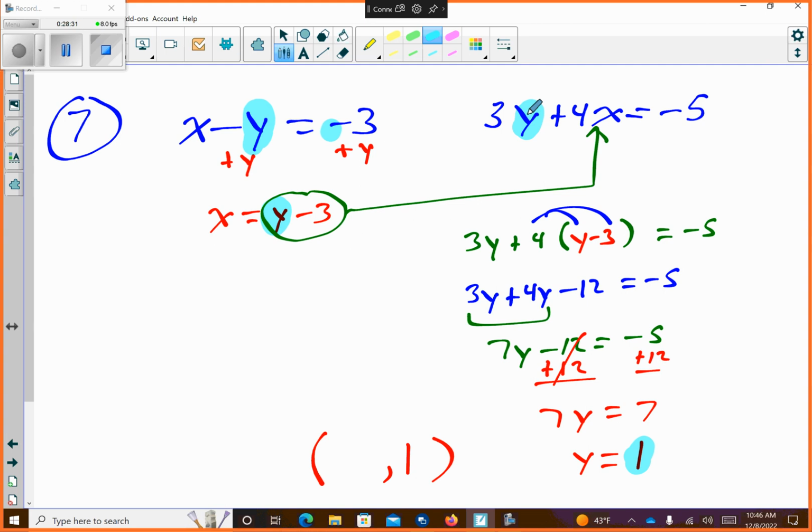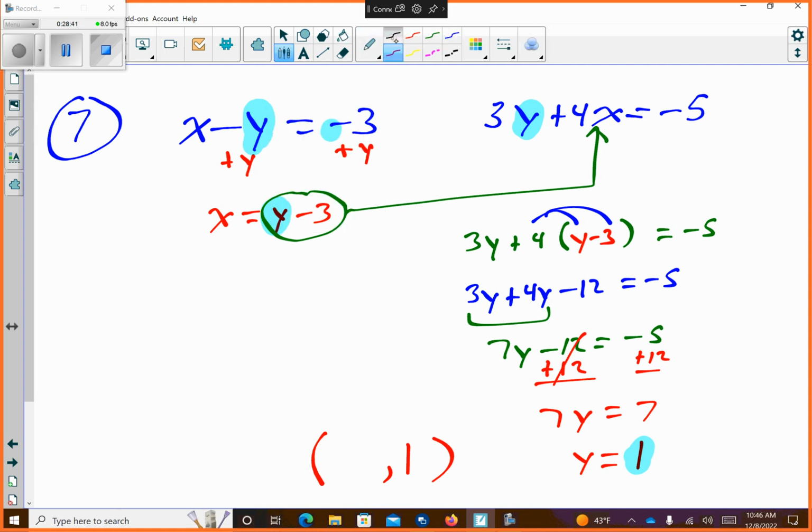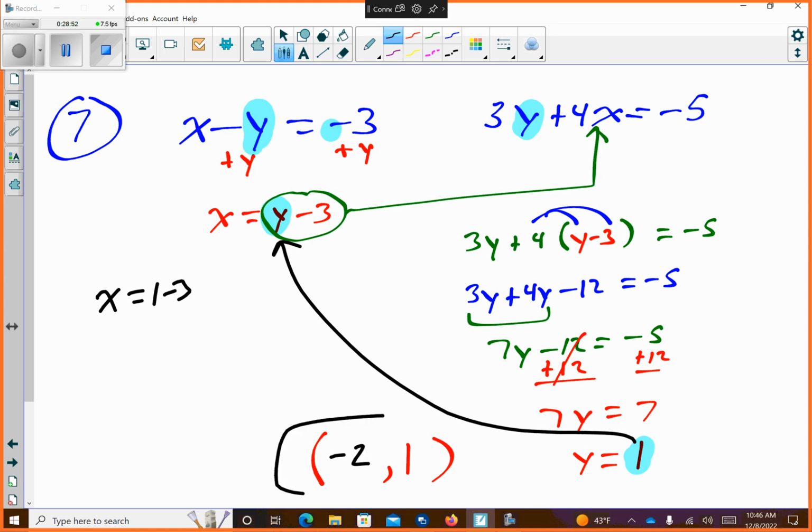What letter am I looking for? X. Notice the red equation below the blue. It's x equals. Agree? So I'm going to take this 1 and I'm going to plug it right in there. Which gives me -2. Done.